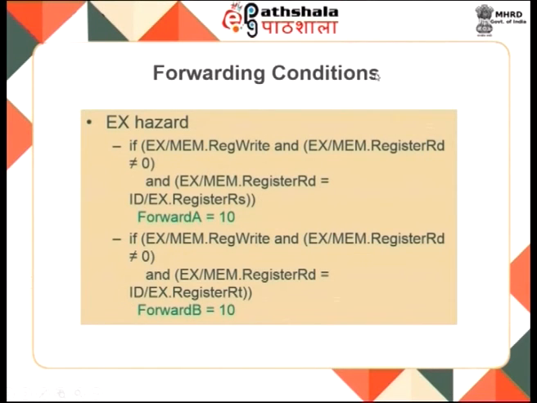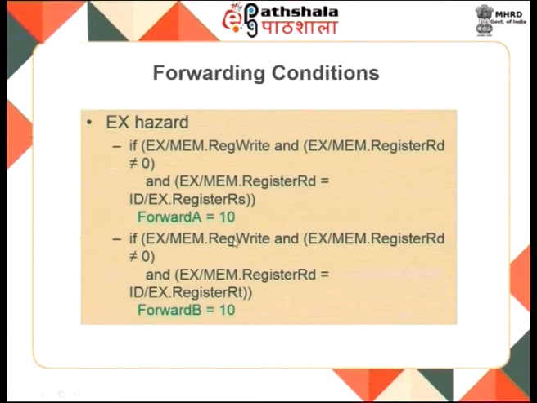Now for the forwarding conditions, you look at two hazards here. The first one is an execution hazard. If your EXMEM.RegWrite is active, so you are actually going to do a register write, and your EXMEM.RegisterRD is not equal to 0, so it is not register R0 that you are looking at, and there is a match between the RD register of EXMEM and the source register RS for the first multiplexer, then the forwarding path A has to be chosen as 10.